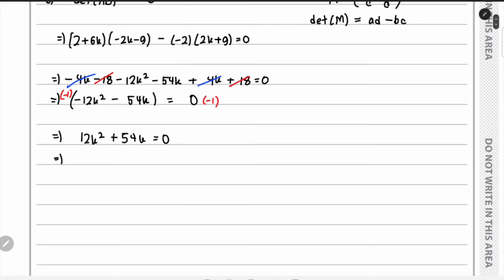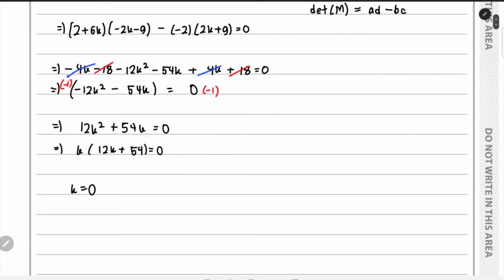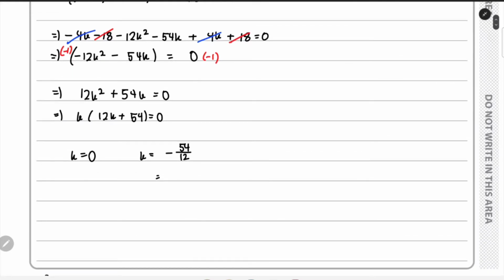I can take k out as a common factor. I'll have k times 12k plus 54 equals 0. The value of k will be 0, or the value of k will be minus 54 by 12, which is equal to minus 9 by 2.